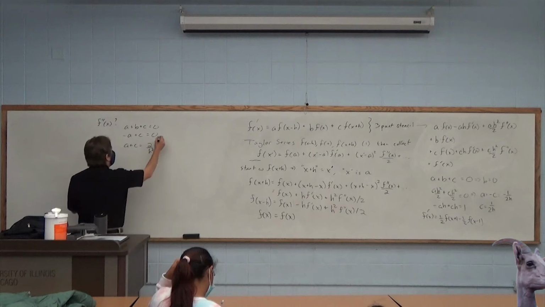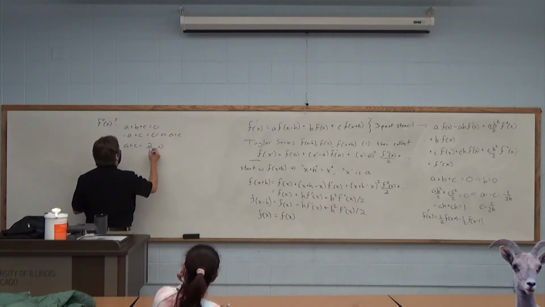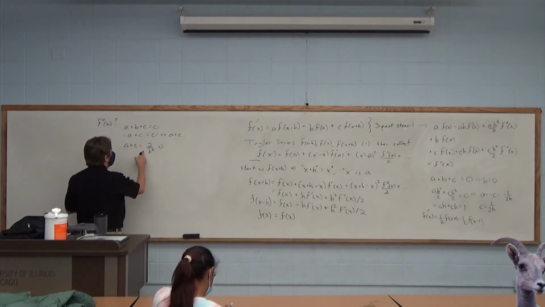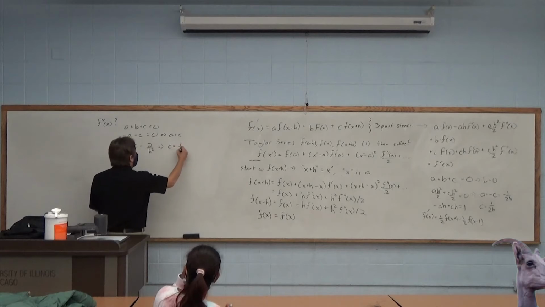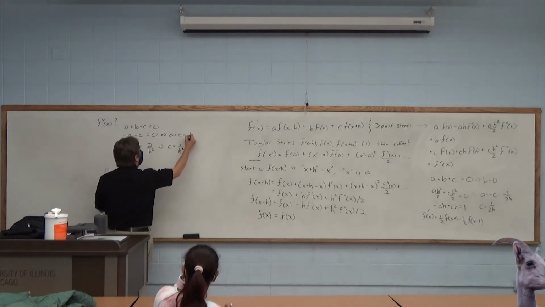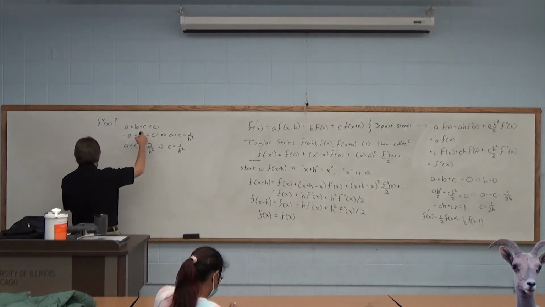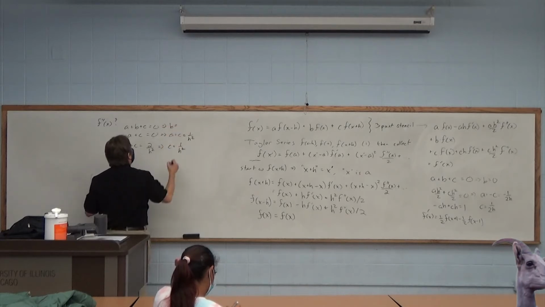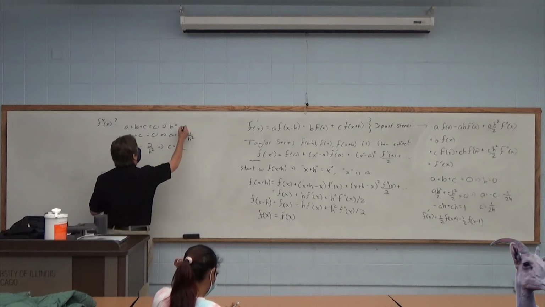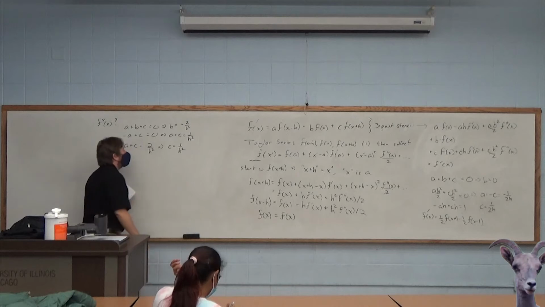Okay, so let's see. So therefore, A is equal to C. Therefore, 2C is equal to, therefore C is 1 over H squared. And therefore, A is 1 over H squared. And then B is equal to what? Minus 2 over H squared.